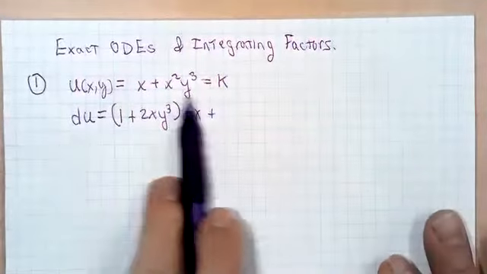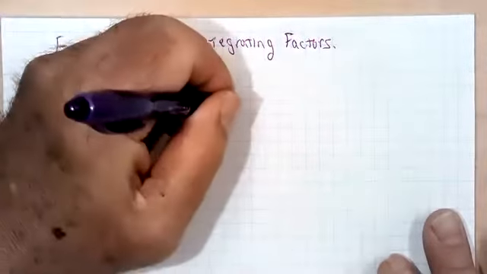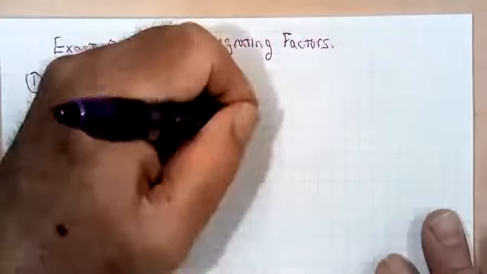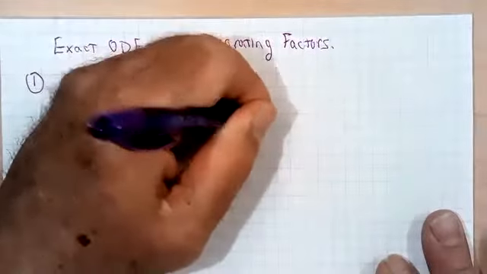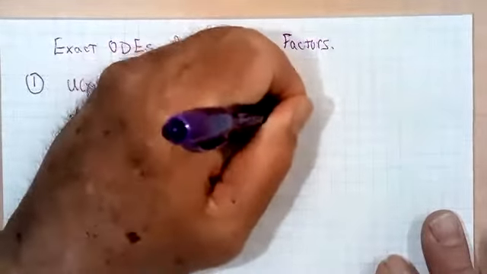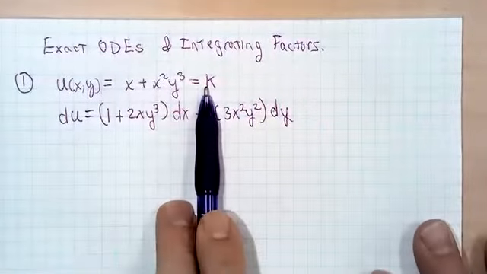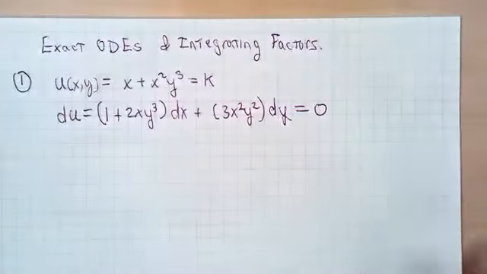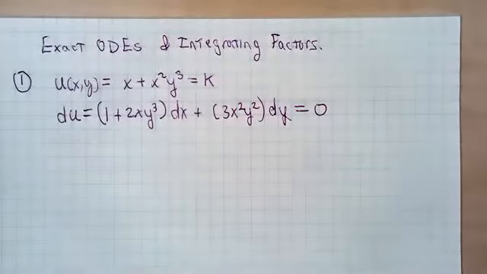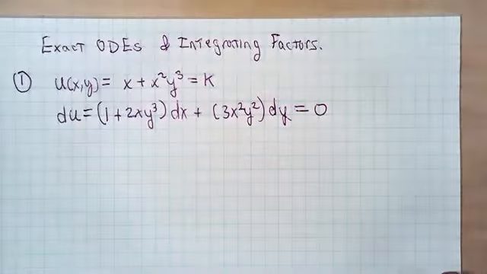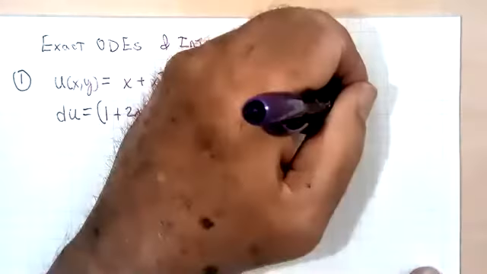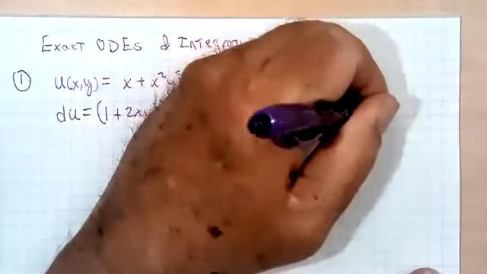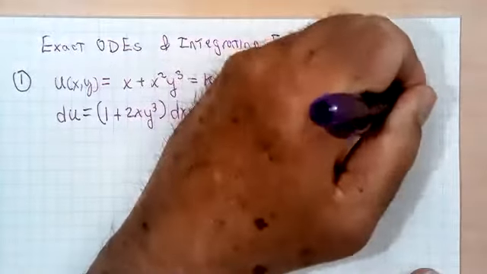And then the partial of this with respect to y, multiply that by dy. And then the differential of a constant function is 0. So you end up with this. And this is, by construction, an example of an exact ordinary differential equation.